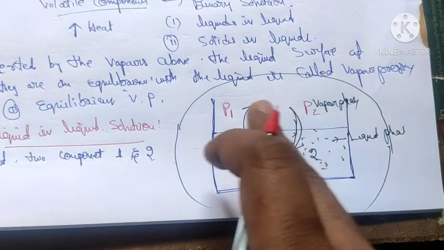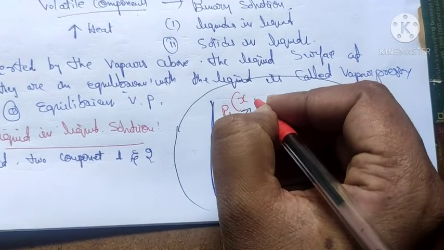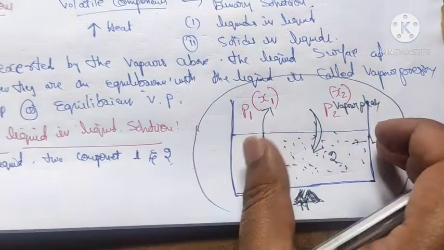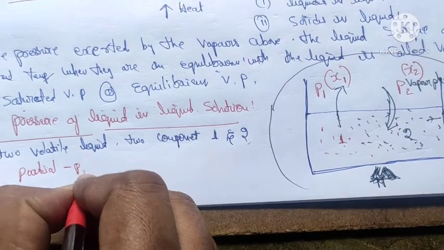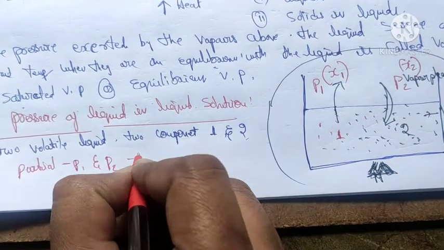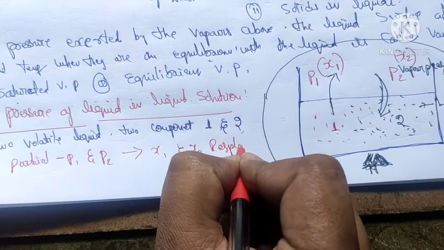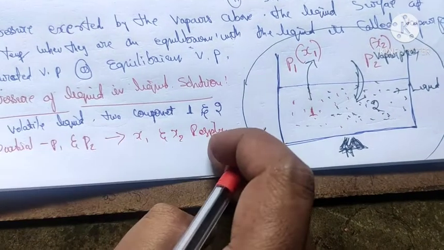These partial pressures are related to, and expressed in, mole fractions. This is x1, this is x2. The partial pressures P1 and P2 would be expressed in x1 and x2 respectively, based on mole fractions, for components 1 and 2.